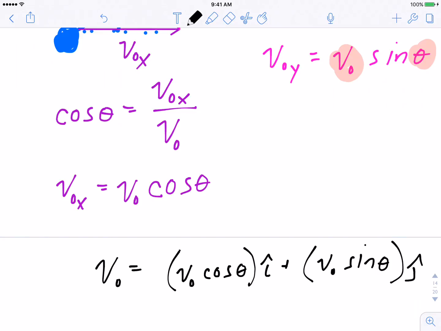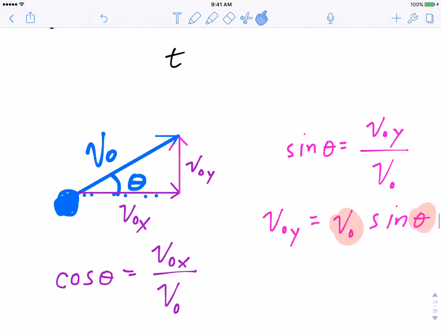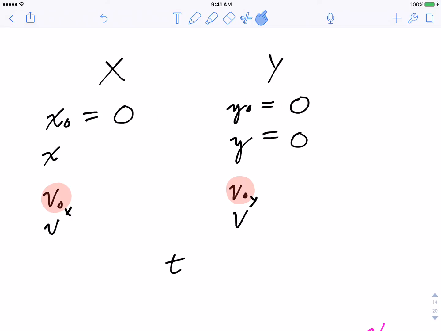So now, if I take this information, I can add it to what we know. Let's just highlight that we figured that out.